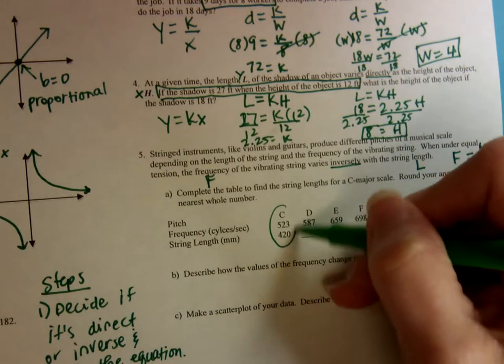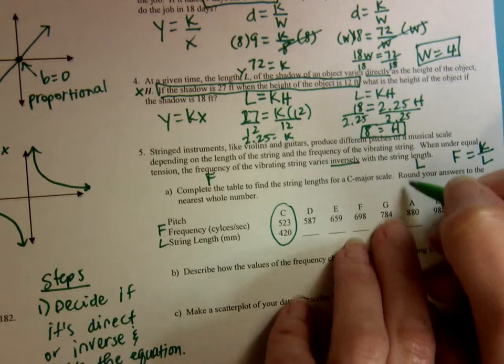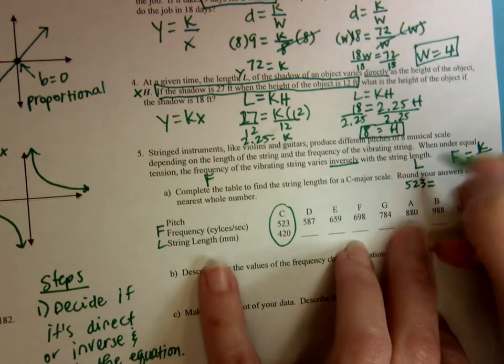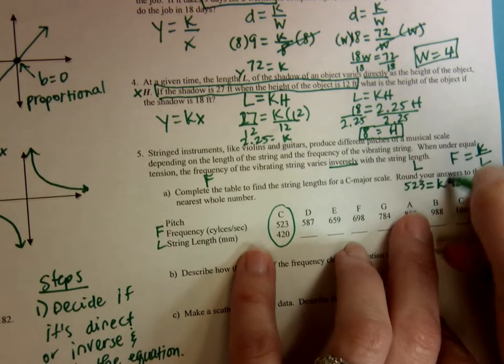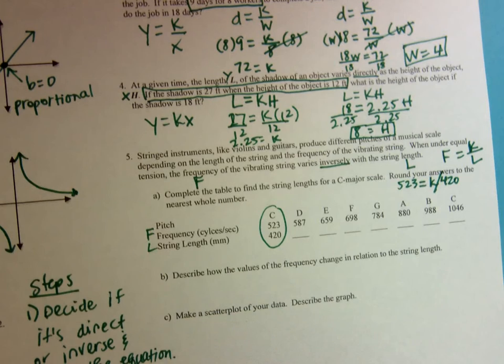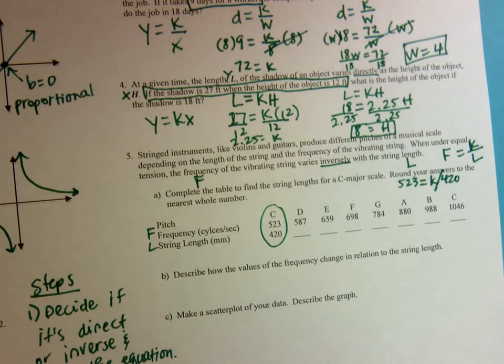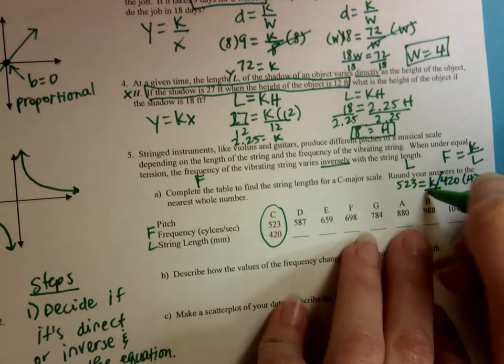Very good. We've got F is 523 equals the K, which we don't know, over the length, which is 420. Oh, and it's inverse. So what do we do to get the 420 not the denominator anymore? Multiply by 420. Here, I'll write it like this.